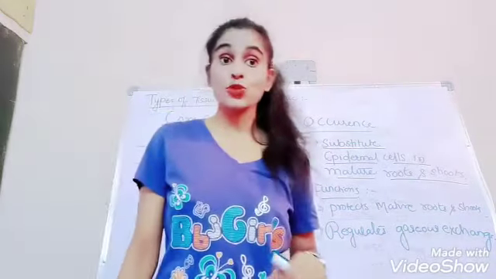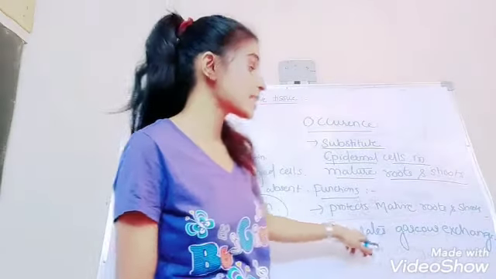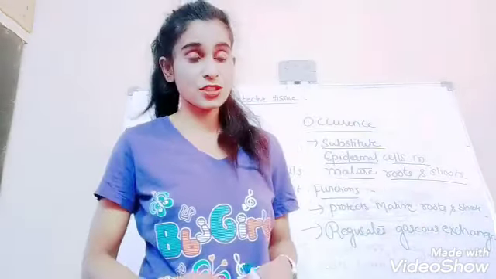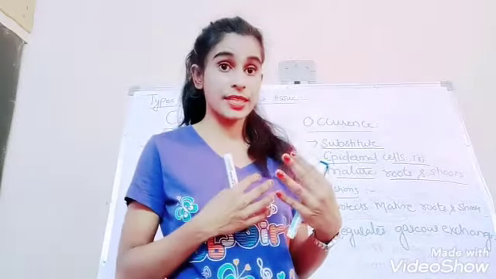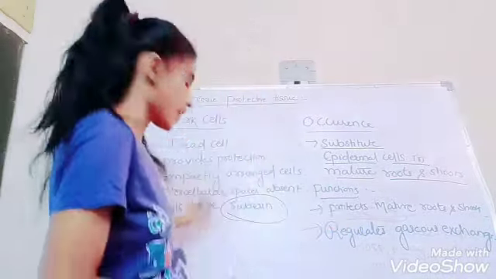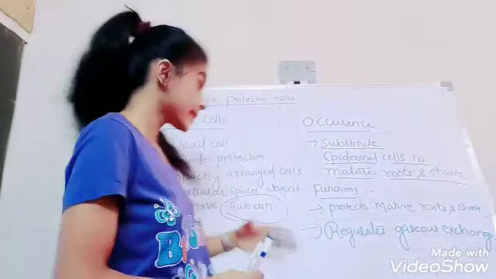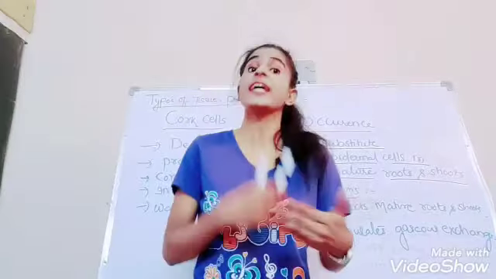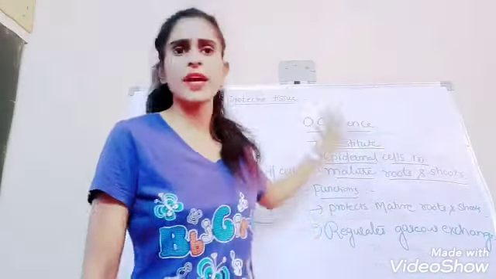Suberin also provides protection and regulates the gaseous exchange. If there is an excess loss of water from the leaves, this suberin forms a very thick layer as in the case of epidermis.